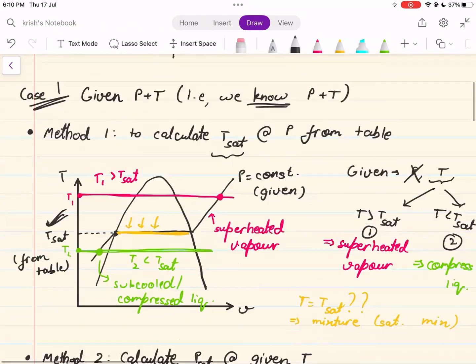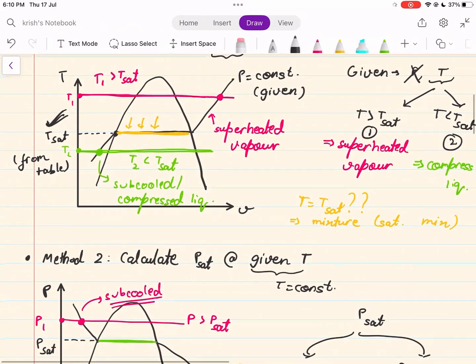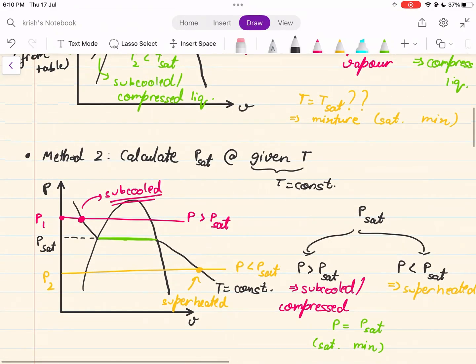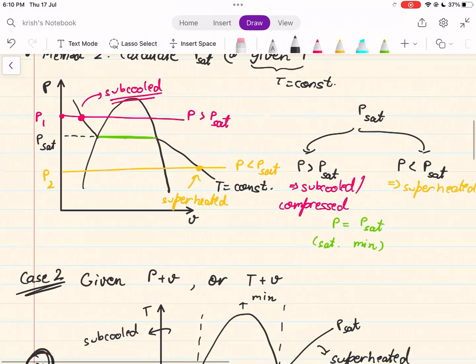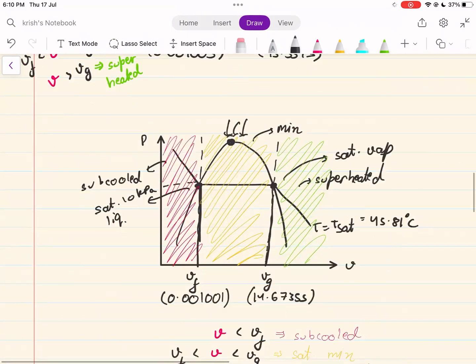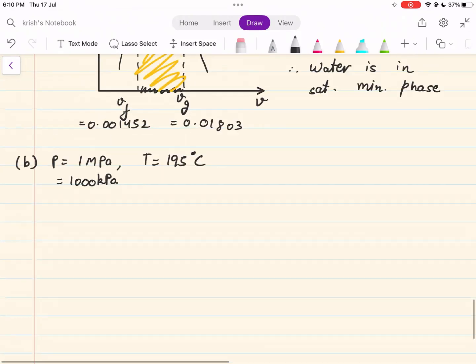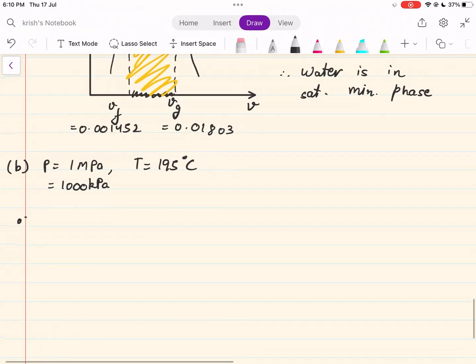So we can do it using either of the methods. We can use the TV diagram or the PV diagram, right? So let us do it using the TV diagram first.